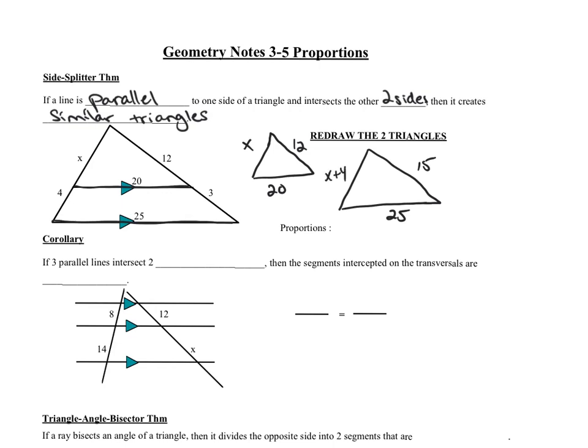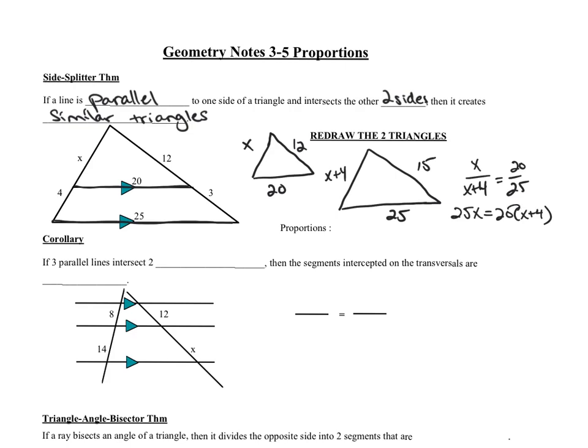So the proportion that we would set up is X over X plus 4 equals 20 over 25. Or you could use the 12 and 15, it really doesn't matter. We'll cross multiply and say 25x equals 20 times that whole thing.